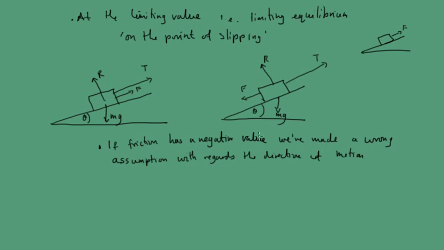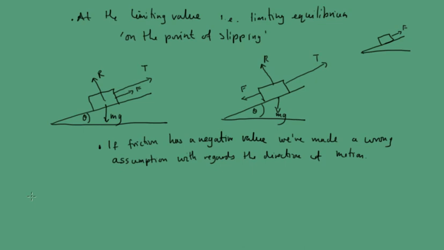Friction will have the same magnitude but in the opposite direction. So you should be stating the direction of motion, the direction in which friction is acting, when you do your diagram.